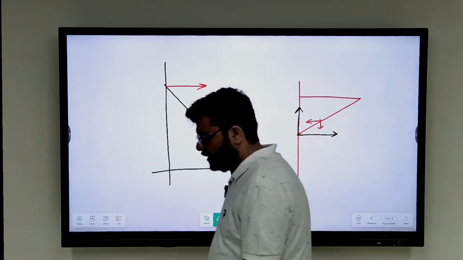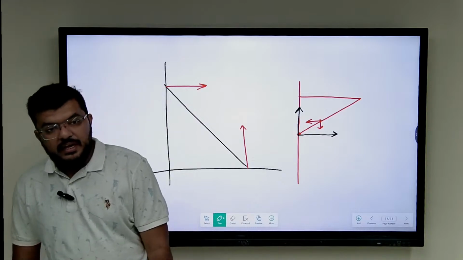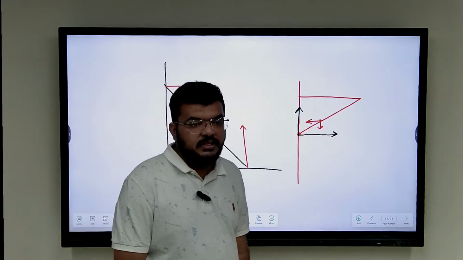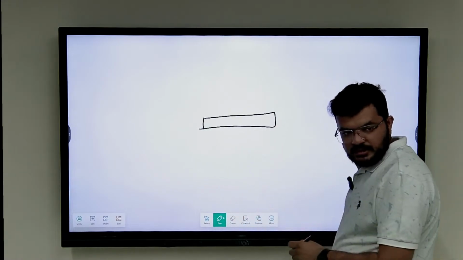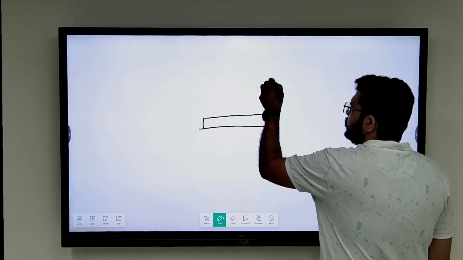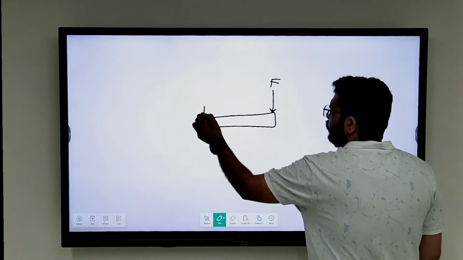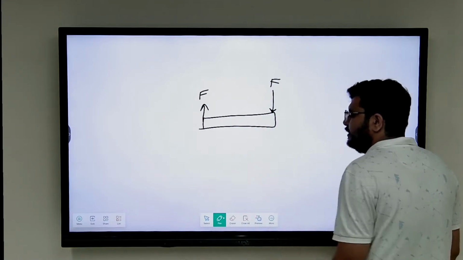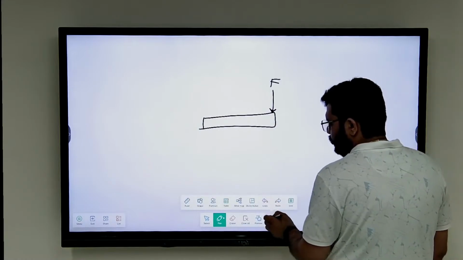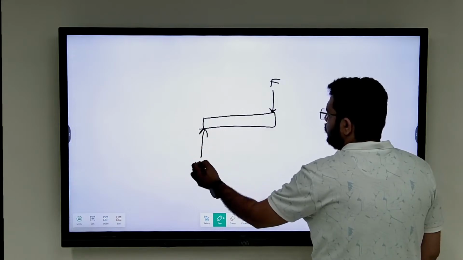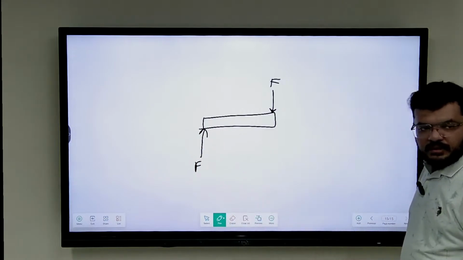Then what else is there? One last thing, that moment is always produced by a couple. What happens? Let's say a bench. Now there is a force F applied over here and force F is applied like this. Rather, to write it a bit better, force F is applied like this, right?